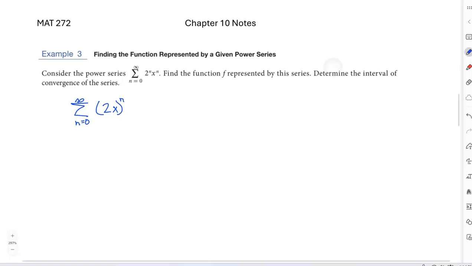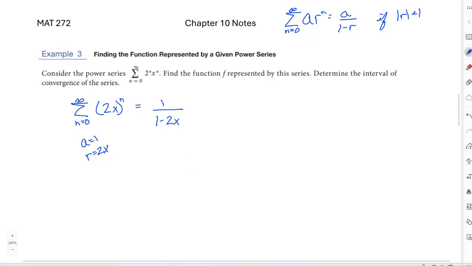And if I'm comparing to a geometric series, I'll rewrite it up here, the sum from n equals 0 to infinity of ar to the n. That converges to a over 1 minus r if the absolute value of r is less than 1. So my a is 1, and my r is 2x. So I'm going to have 1 over 1 minus 2x.